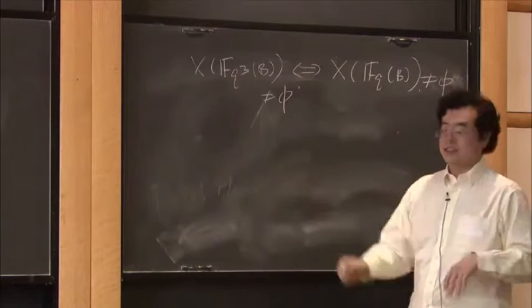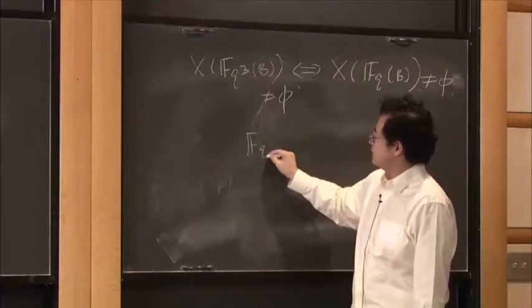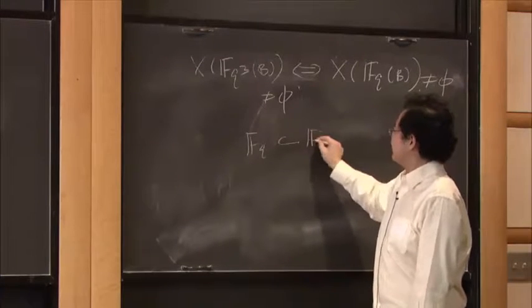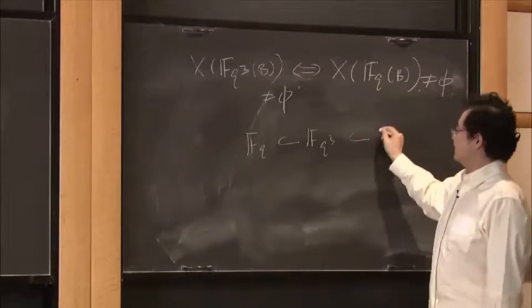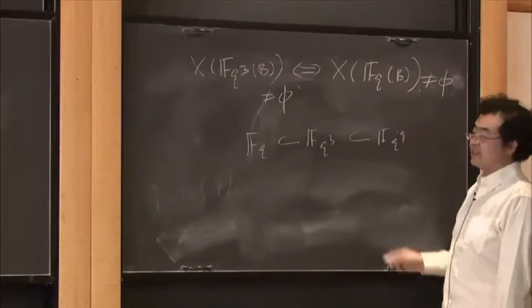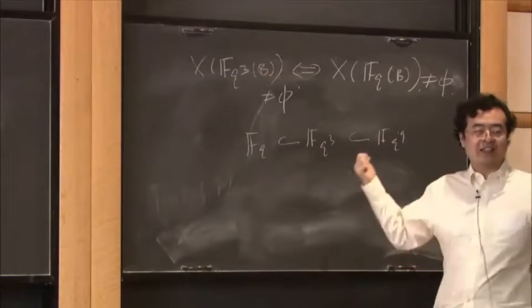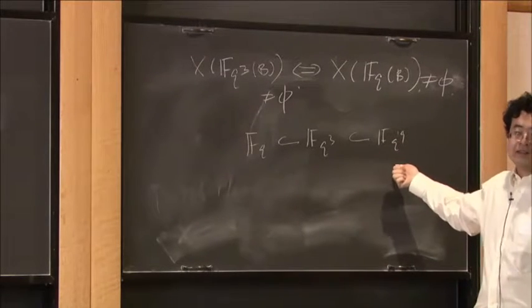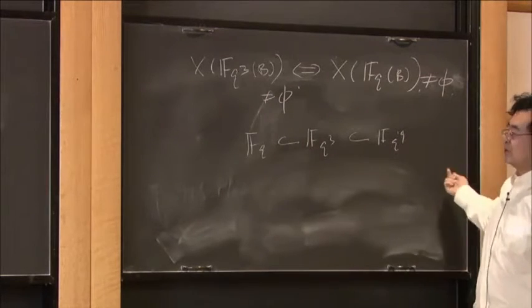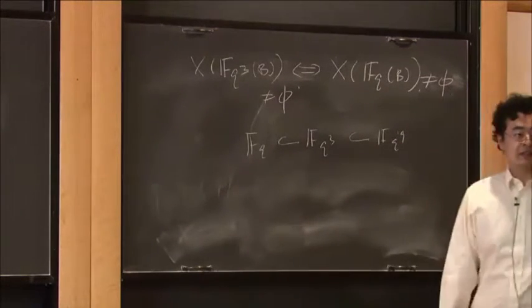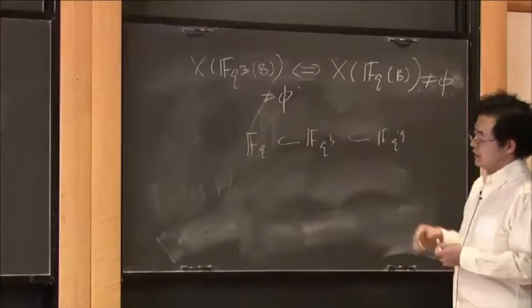I mean, if we admit this for the moment, then you can just make a sequence of field extensions, right? So you start with FQ, then you go to FQ to the third, and then FQ to the ninth, etc. Until you get a really large finite field. Then you get a rational point, then you go back. Okay. So how do you see this?